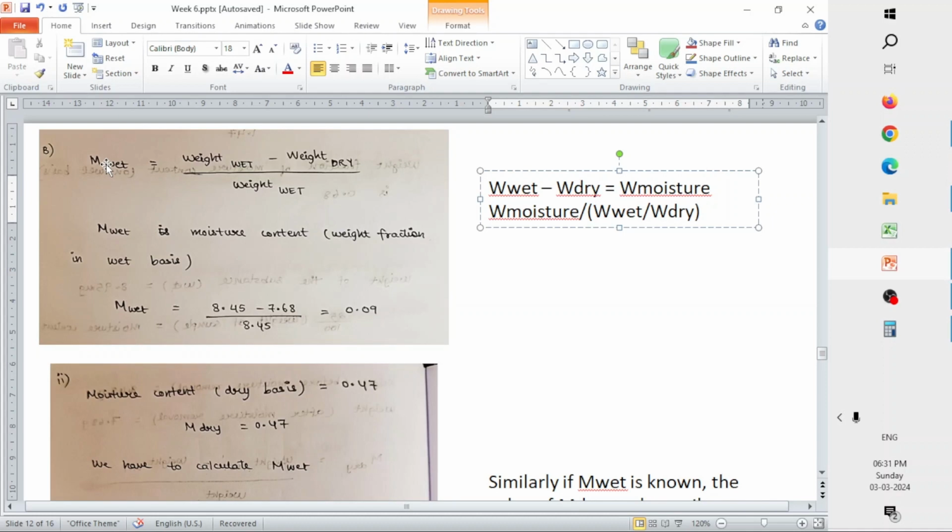And in case they ask only to calculate the amount of moisture, then it is nothing but the weight of the wet biomass sample minus the weight of the dry biomass sample. So this is 0.99.